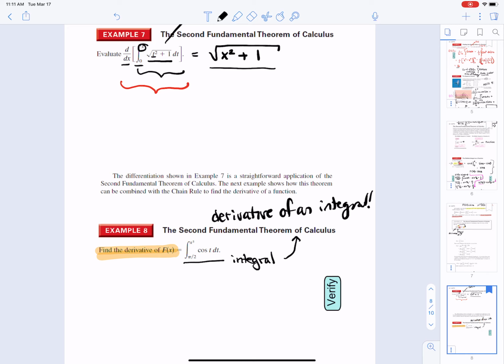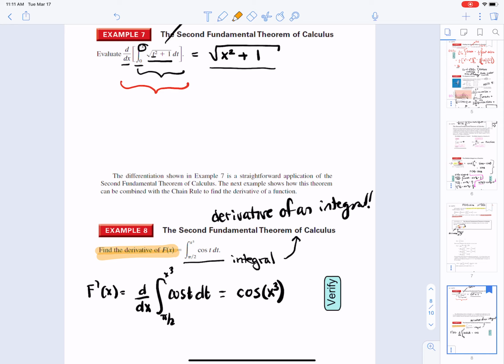Okay, so the derivative f prime x, d dx of this integral to x cubed of cos t dt, is actually going to equal cos, subbing in x cubed.